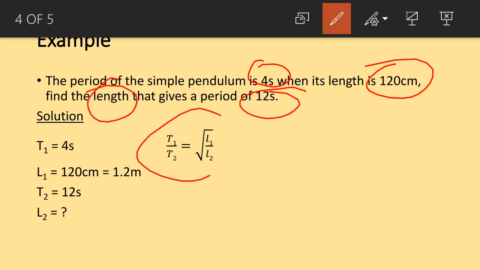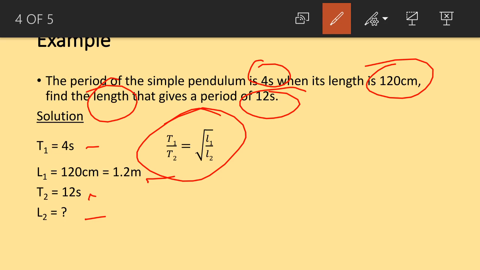So obviously we have to use this formula here. Our T1 is 4 seconds, our L1, the initial length, is 1.2 meters, our T2 is 12 seconds, and our L2 is what we are looking for.